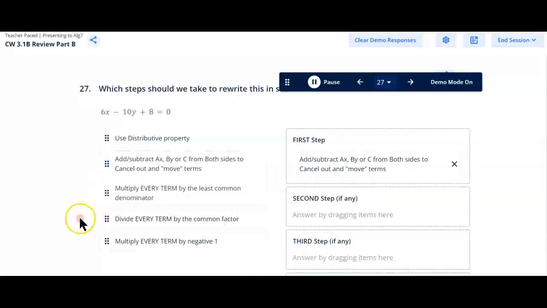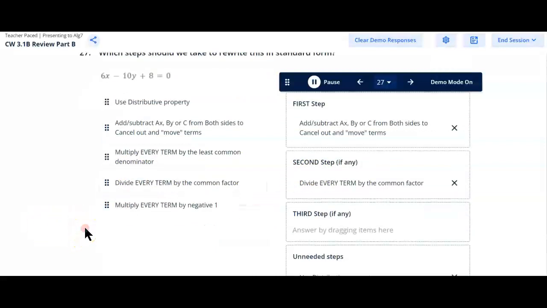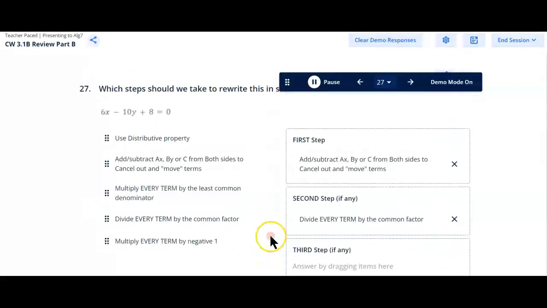Do we have a common factor to divide out? Yes. What is that common factor? 2. Would we need to multiply times -1 to make our lead term positive? No. So this is a two-step problem. That's it.